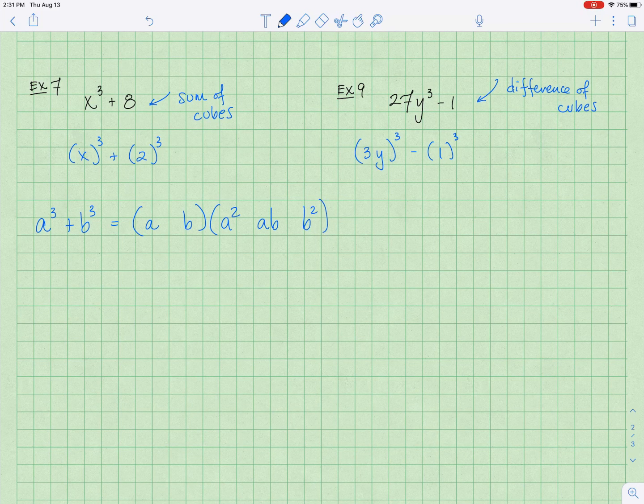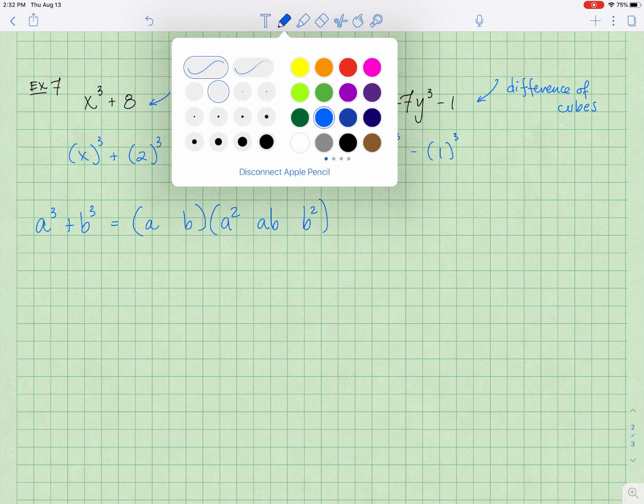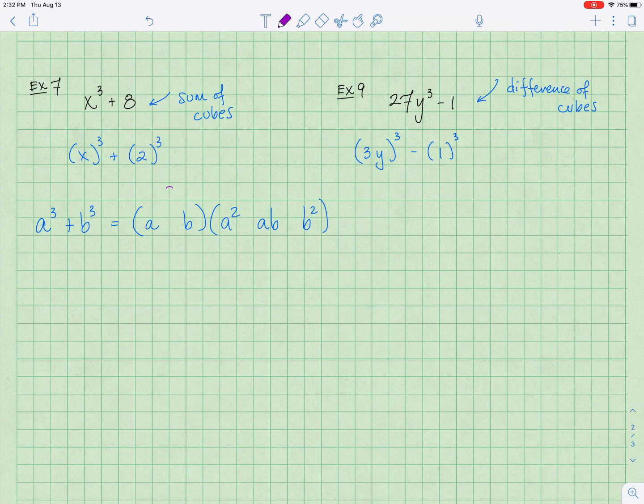So that's our general format. And we have a special acronym that sometimes is taught with this. It's the acronym SOAP, which is an acronym for the signs.